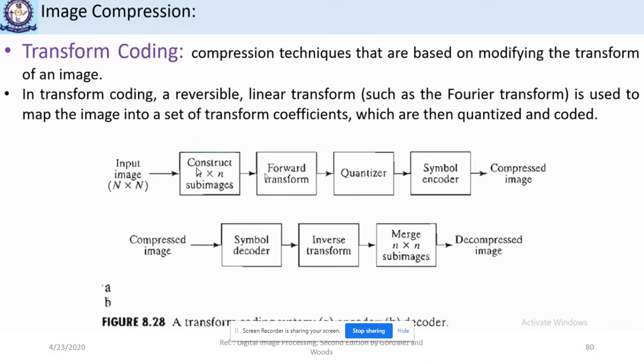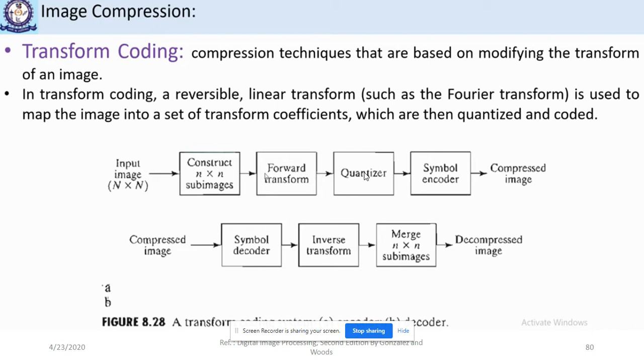It can be a Fourier transform, a wavelet transform, or any other transform. We get the transform coefficients, and from them we perform quantization. The quantized coefficients will then be coded. This is the process we follow for transform coding.